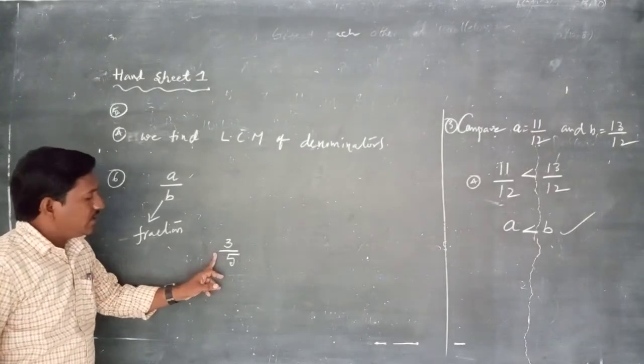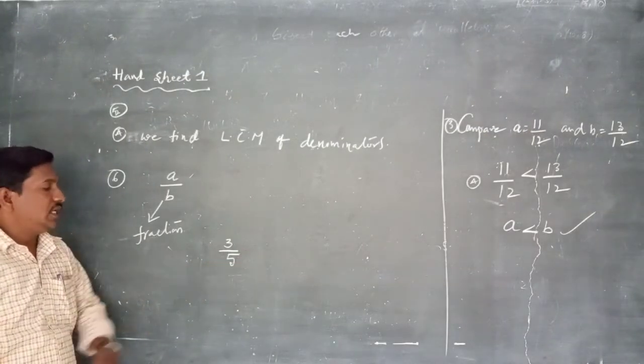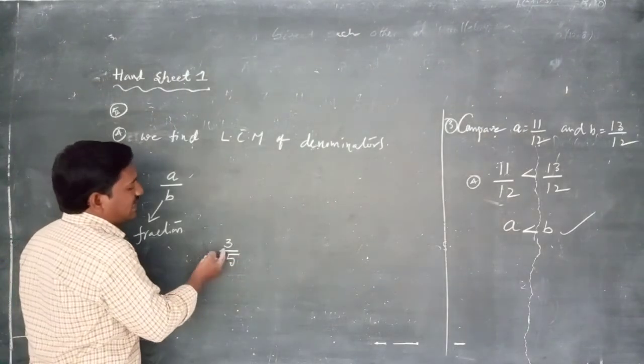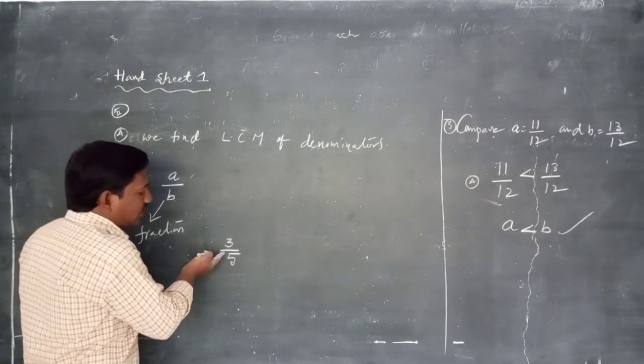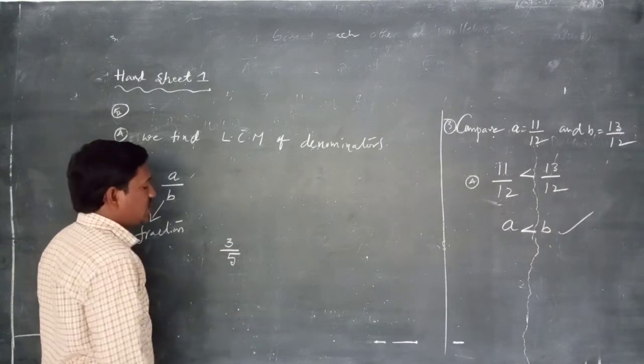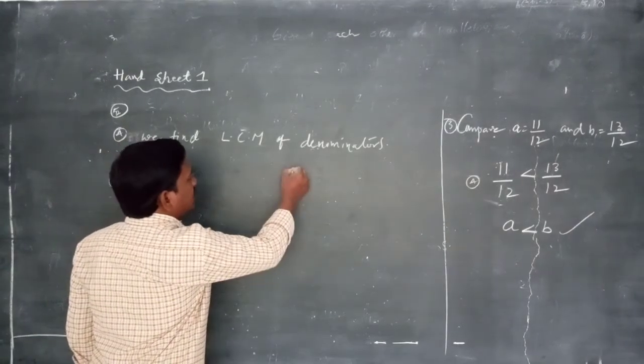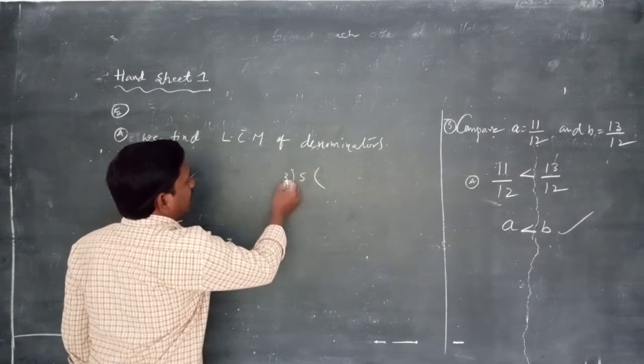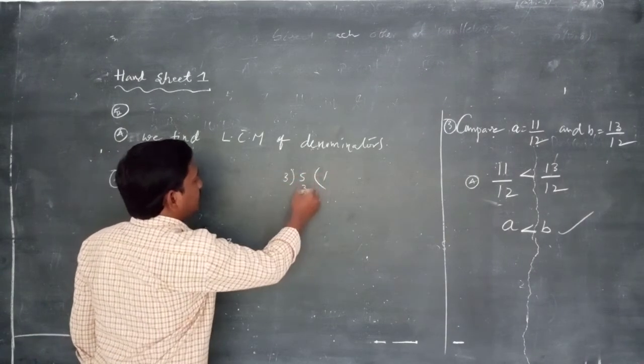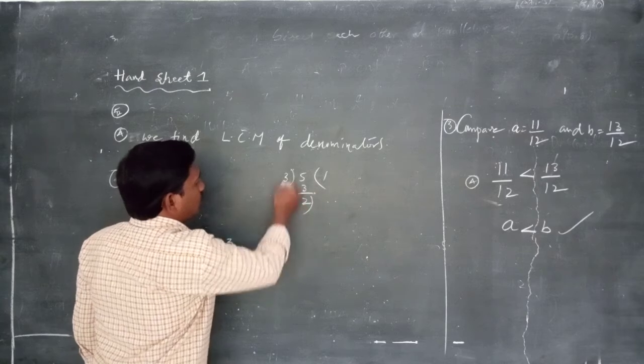Can you find its lowest form? No number cancels both 3 and 5. So the HCF of 3 and 5 is 1. To calculate the HCF of 3 and 5: 3 table 1 time, remainder 2.